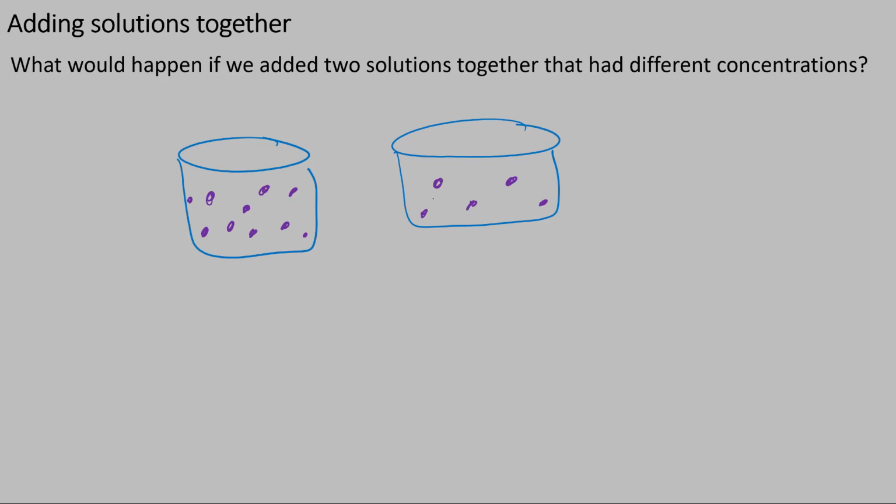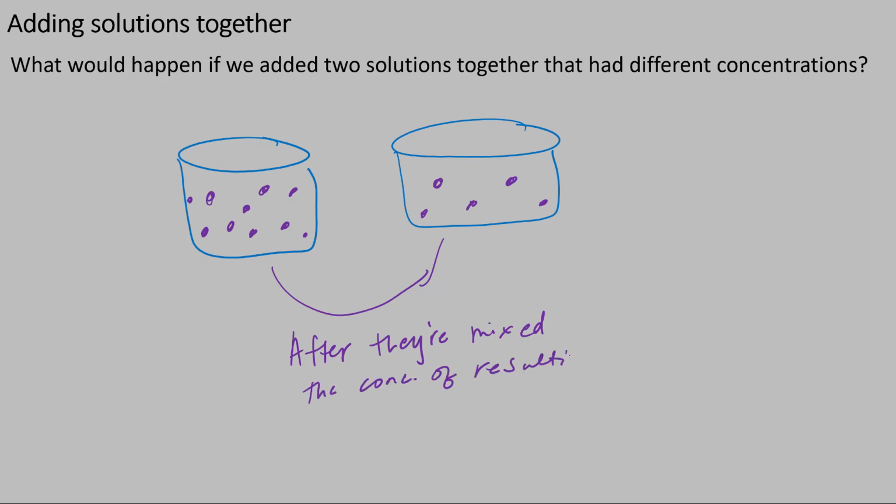So that means that the concentration of the resulting solution after they're mixed should be in the middle of whatever they started at. So after they're mixed, the concentration will be somewhere between the lower solution and the higher solution.